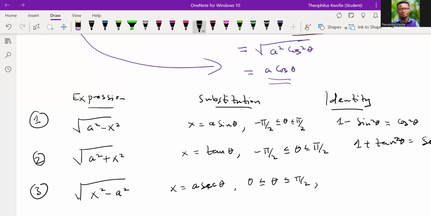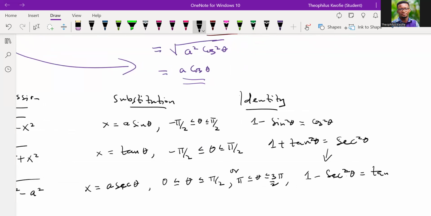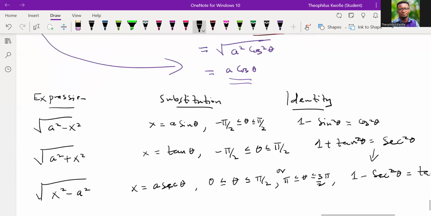Or it should lie between 180 and 270 degrees. And the best identity associated with this can come from here, by making sec squared standalone. Hope it makes sense.